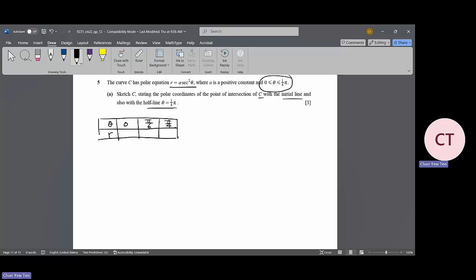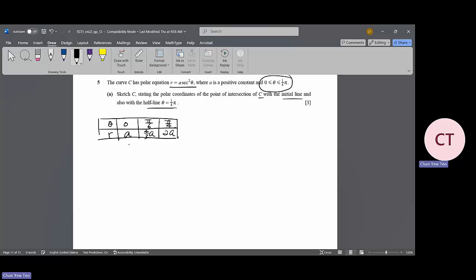When we substitute 0 inside here, secant 0 is 1, so r is a. Then you put pi over 6 inside, and r is 4 over 3a. Then if you put pi over 4 inside, it's 2a.